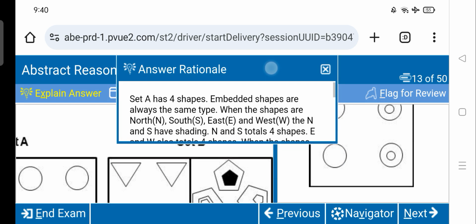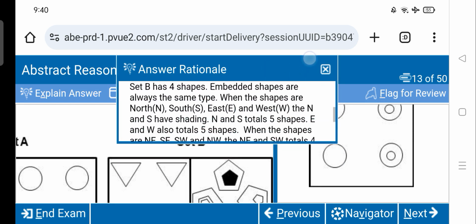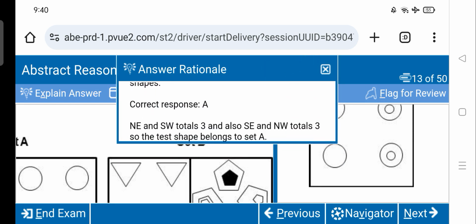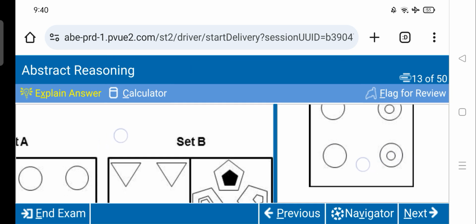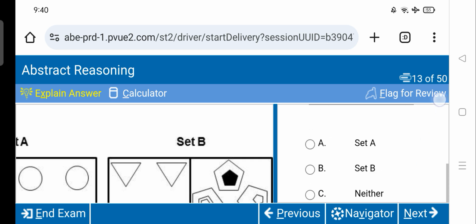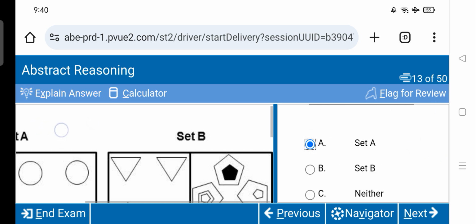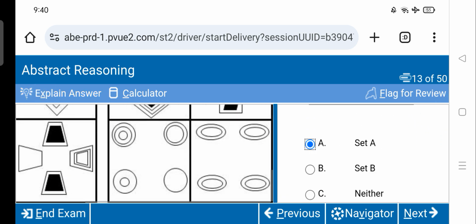Again we have the same rules for set A and set B, and the correct option is option A, as NE and SW total 3 and also SE and NW total 3. So the test shape belongs to set A. So the correct option is option A, that is set A.